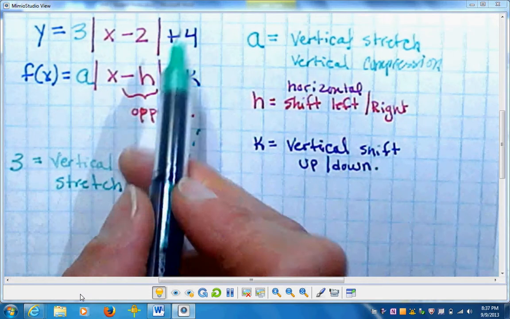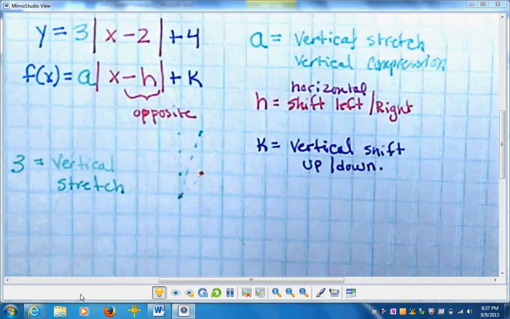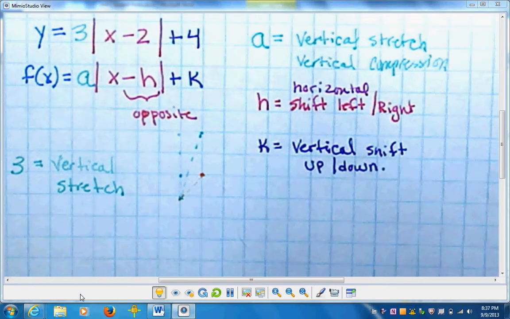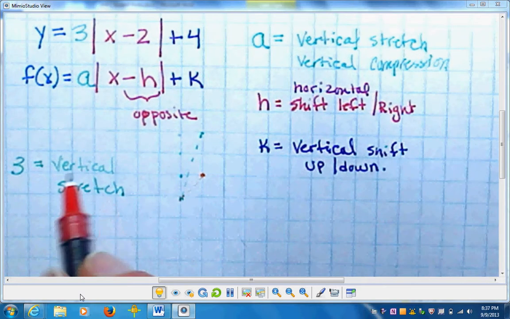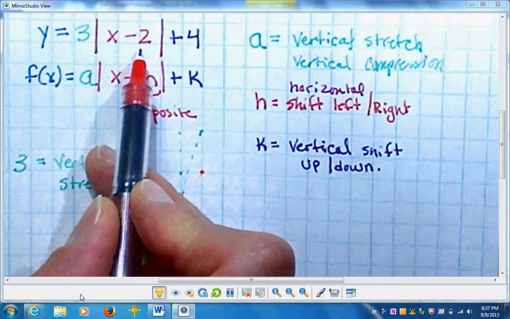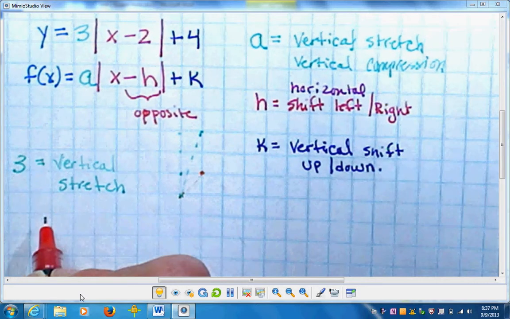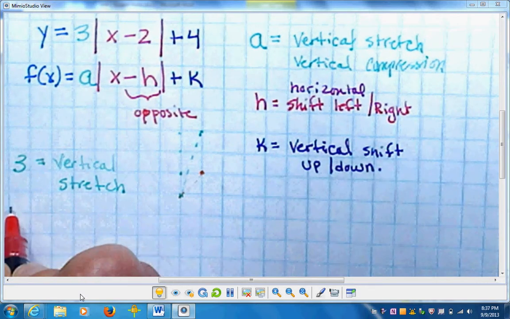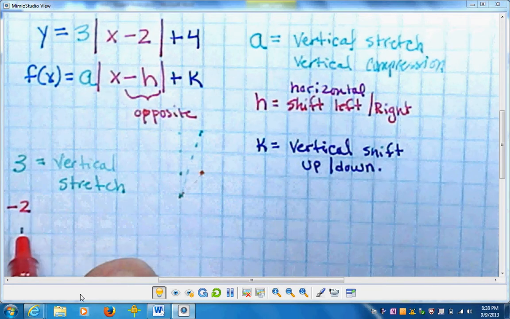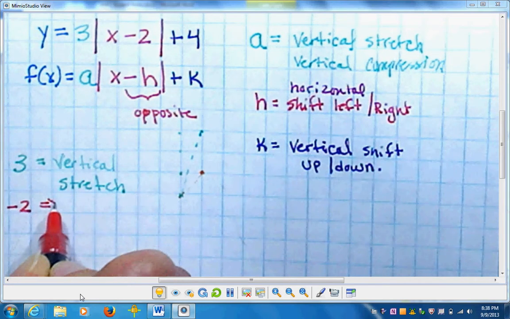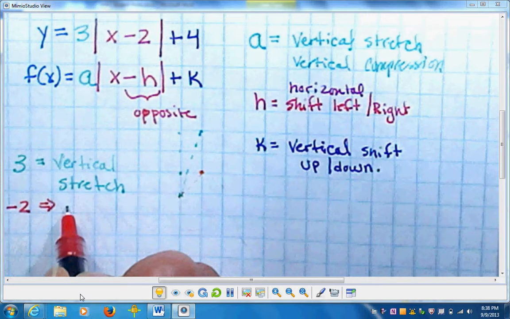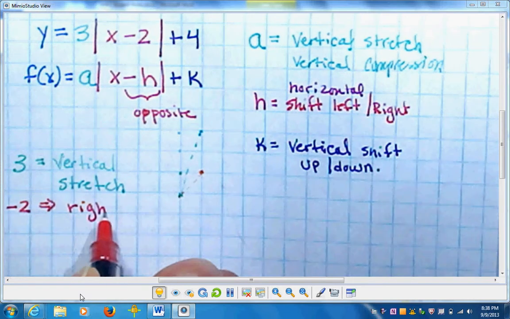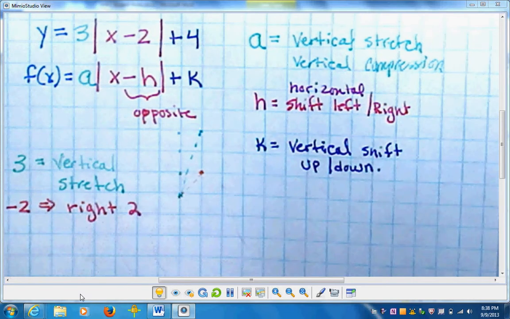Okay, so our 2, remember that's part of our vertex. So we do the opposite of what we see. So I'm going to write -2, that's what we see, means that we're going to go right 2, because it's opposite.